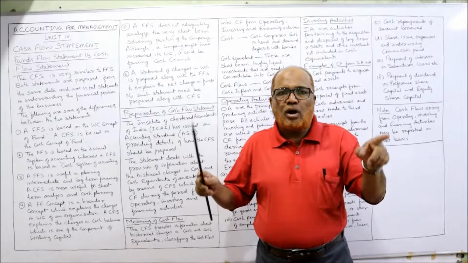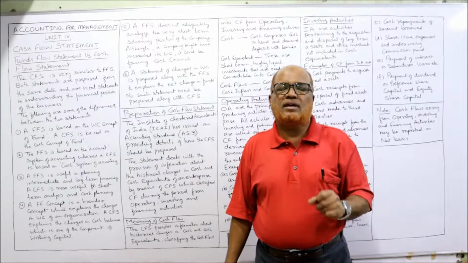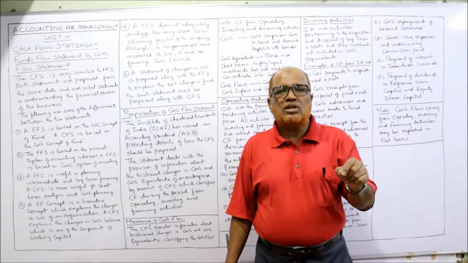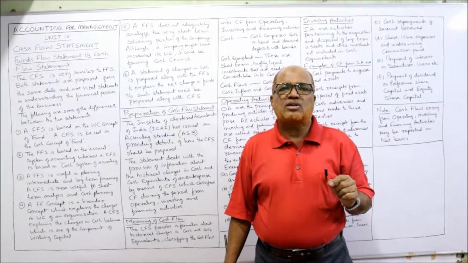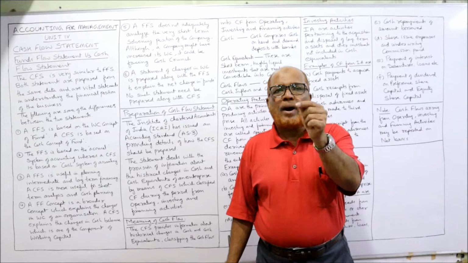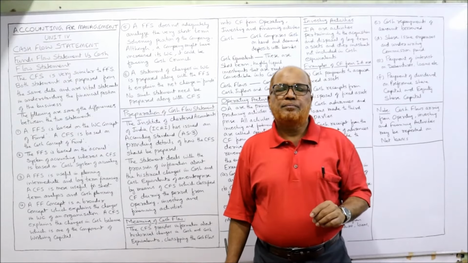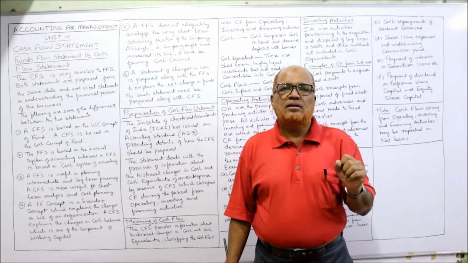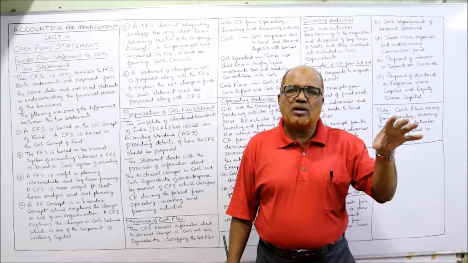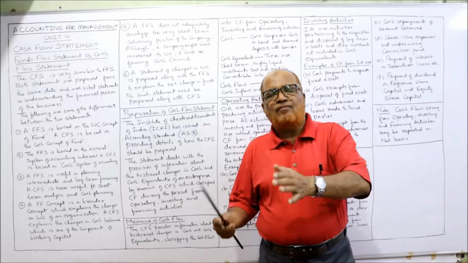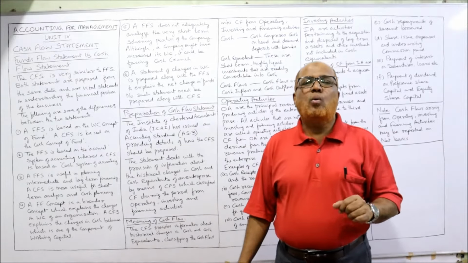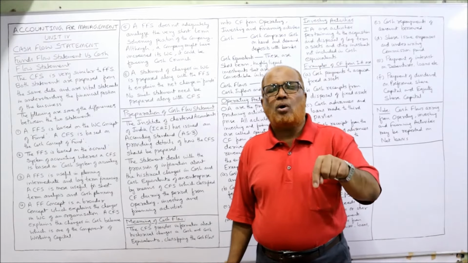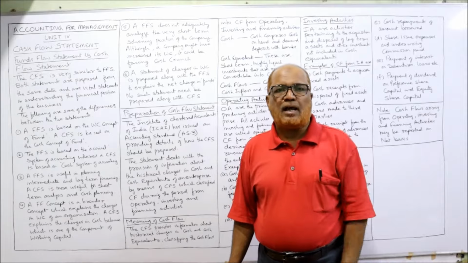So it will give a broad perspective of the working capital, whereas the cash flow statement will consider only cash, and cash is a part of working capital. In the whole working capital, cash is only a part. So in the cash flow statement, we focus only on cash, whereas in the funds flow statement, we focus on working capital, which includes all current assets and current liabilities.